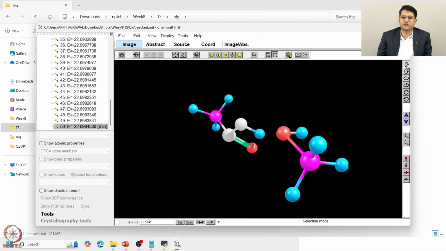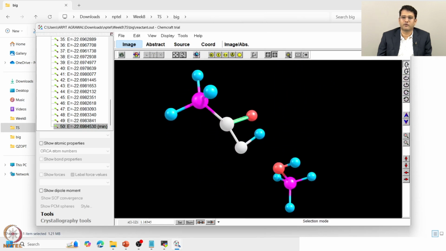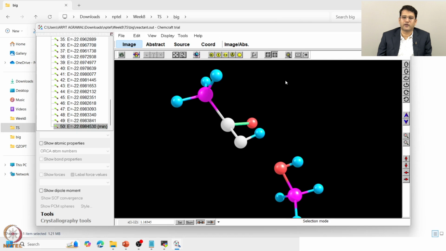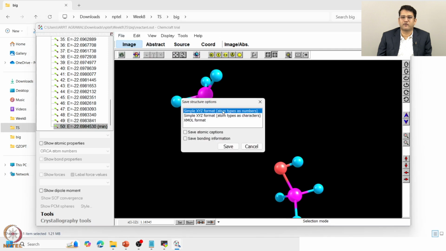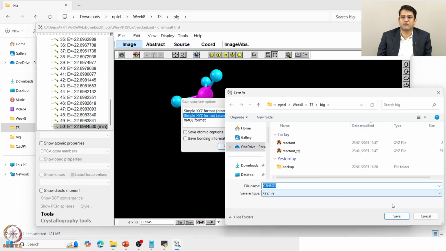The structure is still very strained, but it looks fine for the time being. Of course, we need to save as an XYZ file. I can write it as product.xyz.